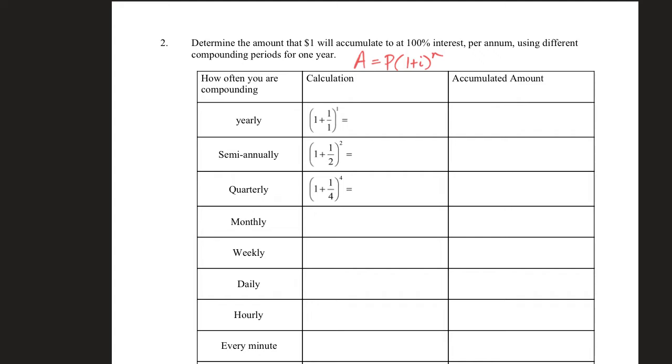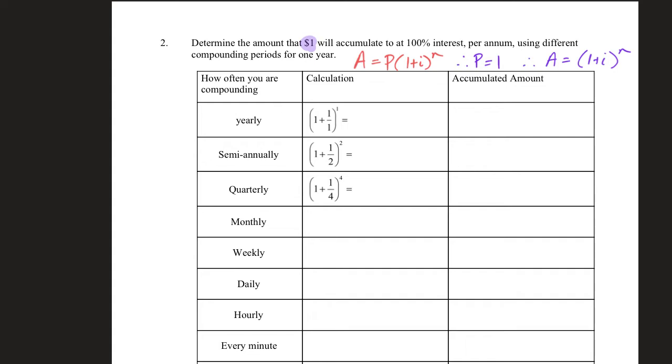I just want you to notice that in the problem, we're going to look at taking a $1 investment. So really what that translates into is that our P value is 1, and therefore all we have to look at is our growth.